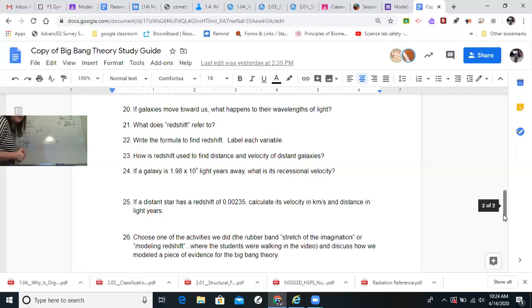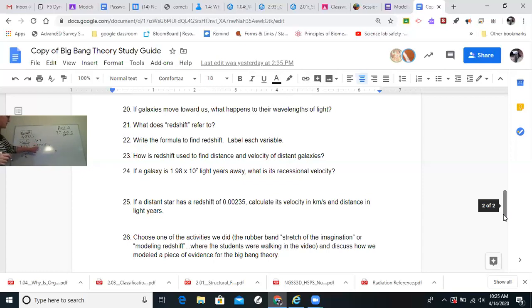But what we do know is that it is 1.98 times 10 to the 7th light years away. So do you remember what light years is the unit for? Do you know? No, I cannot remember. It is distance. So this is distance. Okay.